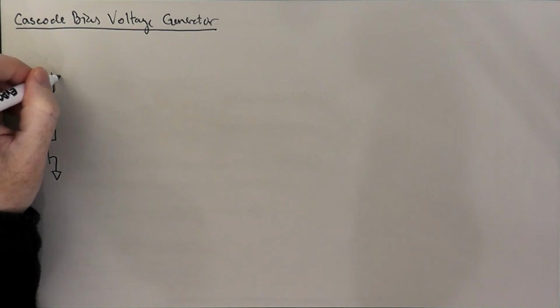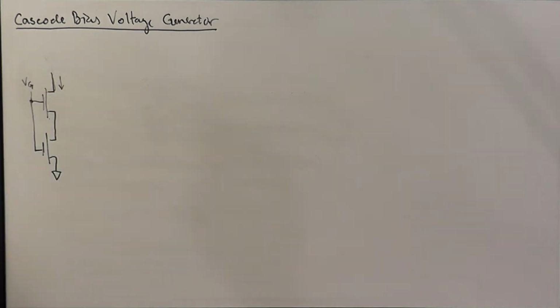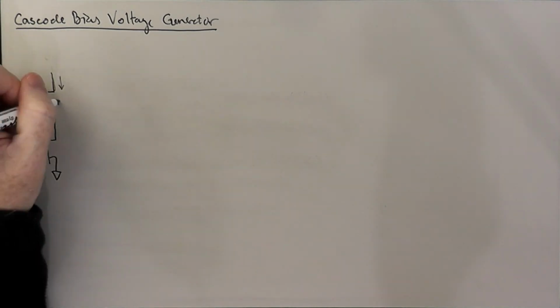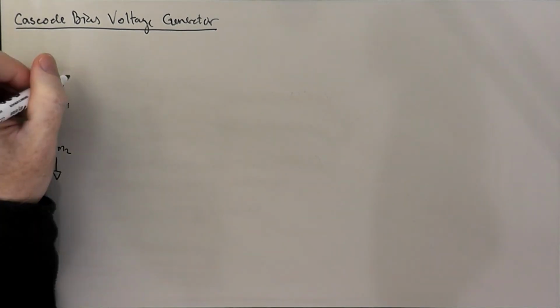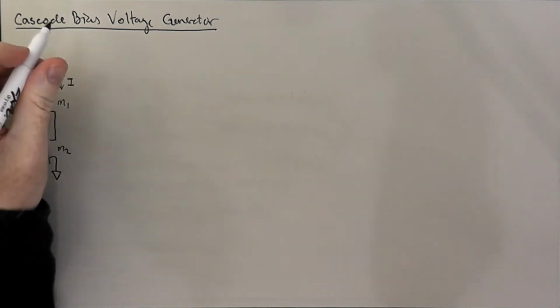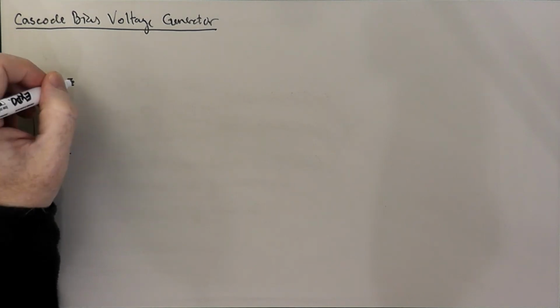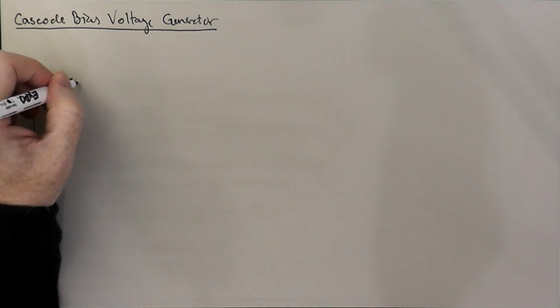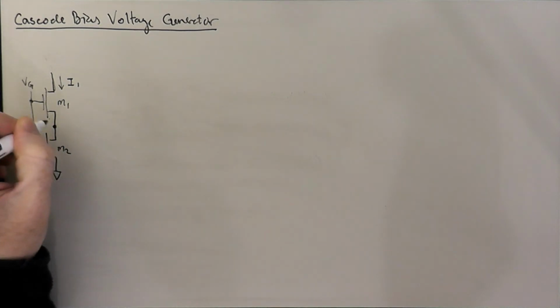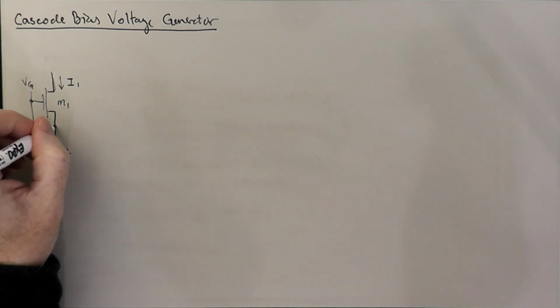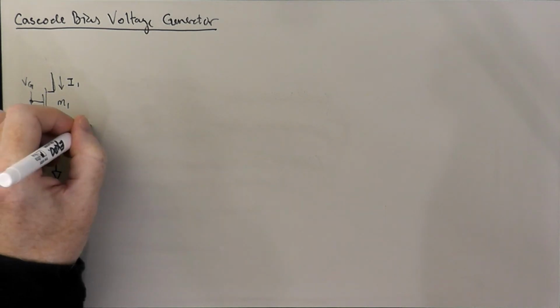Let's call the current flowing through M1, say I1. And let's say we're injecting a current in here.